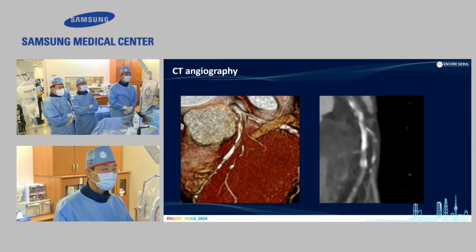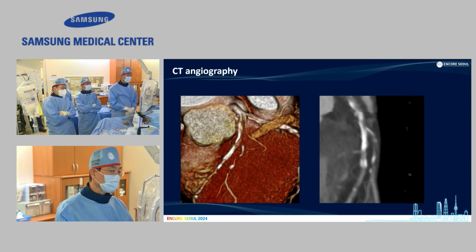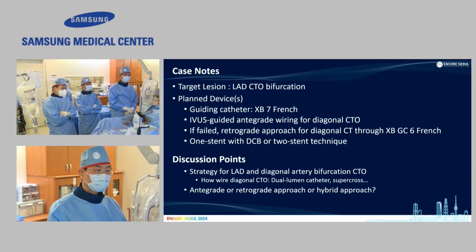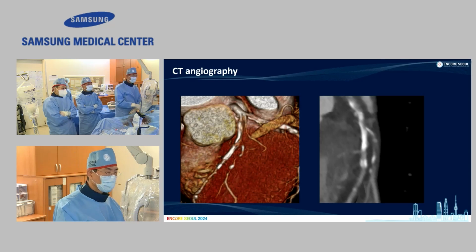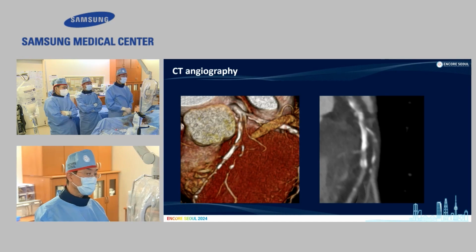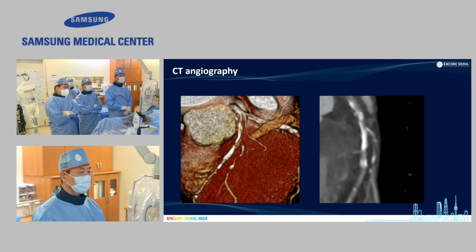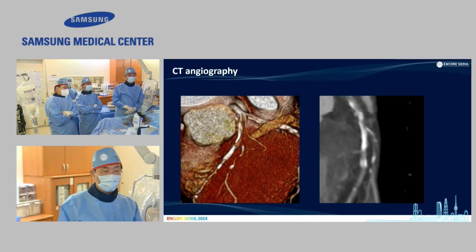Next. So we did a CT angiography. The left side 3D reconstruction showed the calcification away from the diagonal. Not at the ostium specifically, but just after the ostium, you can see a calcification, and the lesion in the diagonal is a little bit long.